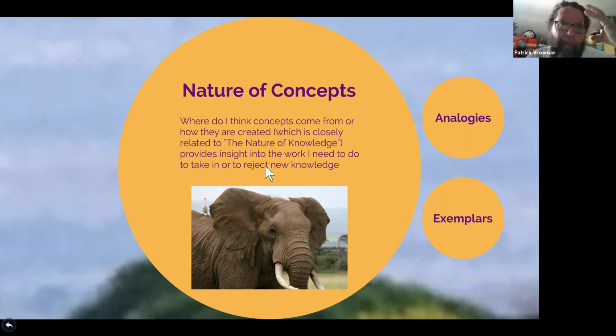We have nature of concepts in our conceptual ecology that tell us what these concepts are and where they come from. What Park says is there are two major ways that people think about where concepts come from, how they're created. One of them is through analogies and metaphors, and the other is examples.